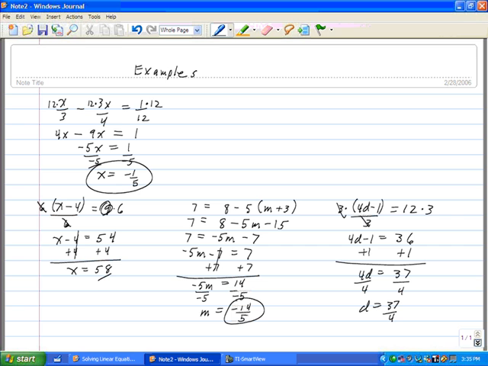Alright, let's look at one more example that has some of these fractions in them. Let's look at negative 3/5 equaling a negative 1/9 minus 3/4 x. Of course, 3/4 x is the same thing as 3x over 4. You can write it either way. But we have a 5, we have a 9, and we have a 4.